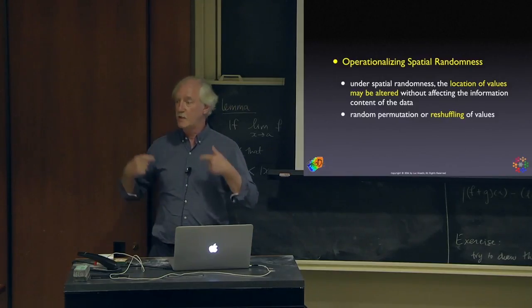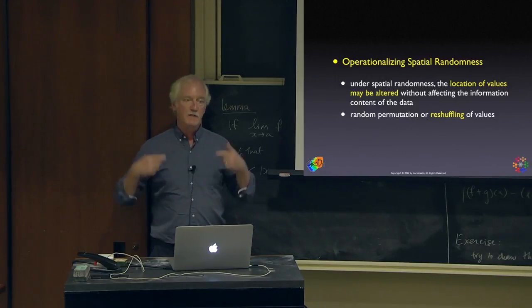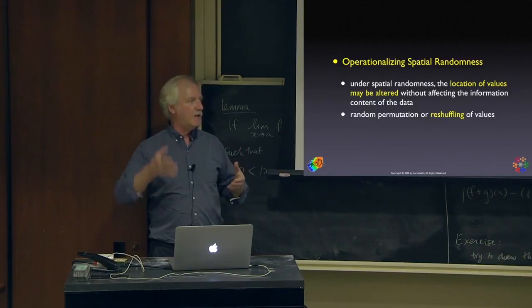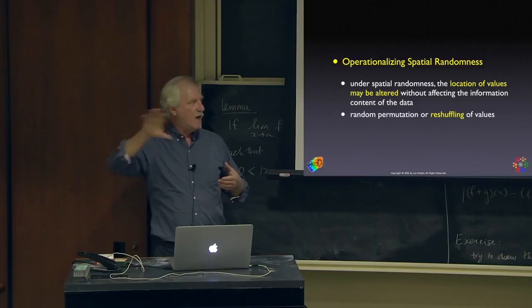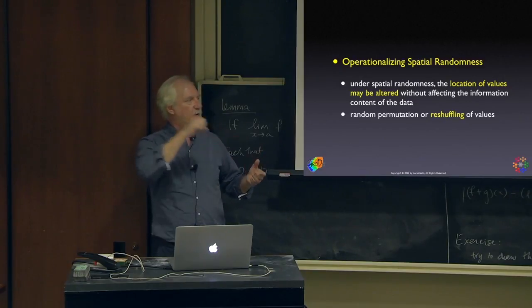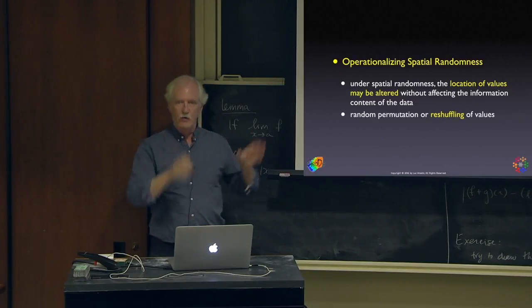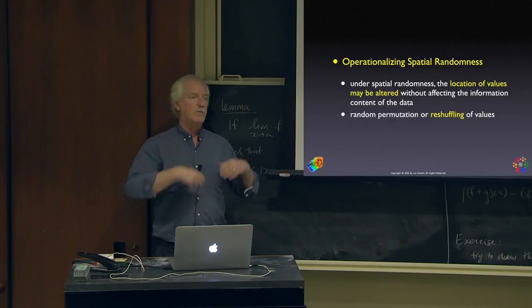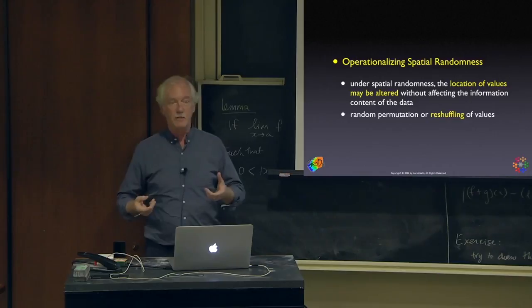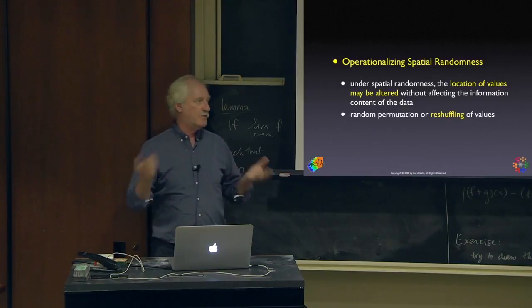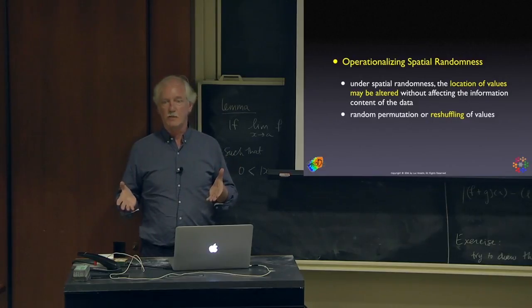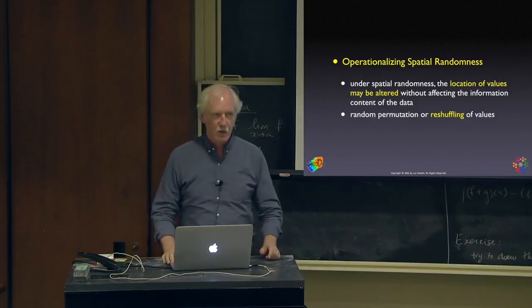Because, and we'll be doing this over and over, basically, what we're going to do is mimic spatial randomness by taking our distribution of the values and randomly putting it on our locations. Compute a statistic. Do it again. Compute a statistic. Do this many times. This gives us a reference distribution for the statistic that mimics spatial randomness. And we'll come back to this concept later.